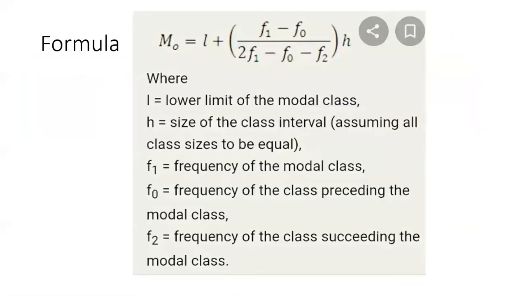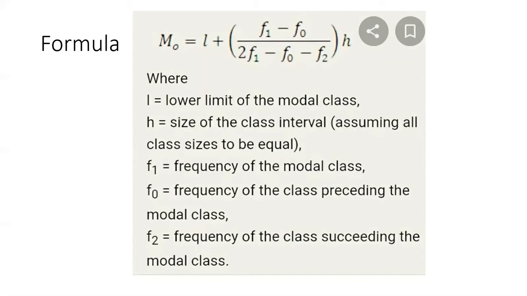Now, we have seen all three formulas in the case of median. Now we will discuss the formula of mode. In case of mode, you can use this formula, which is quite lengthier: L1 plus (F1 minus F0) divided by (2 F1 minus F0 minus F2), into h.